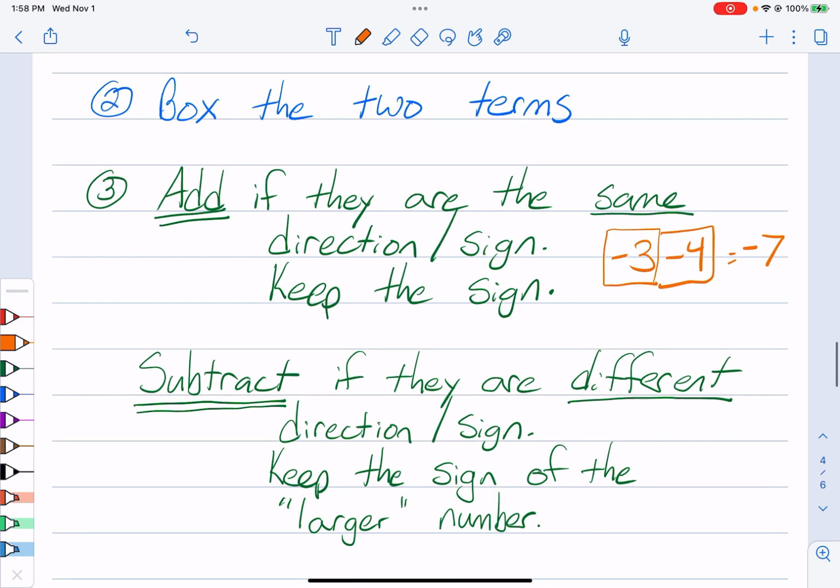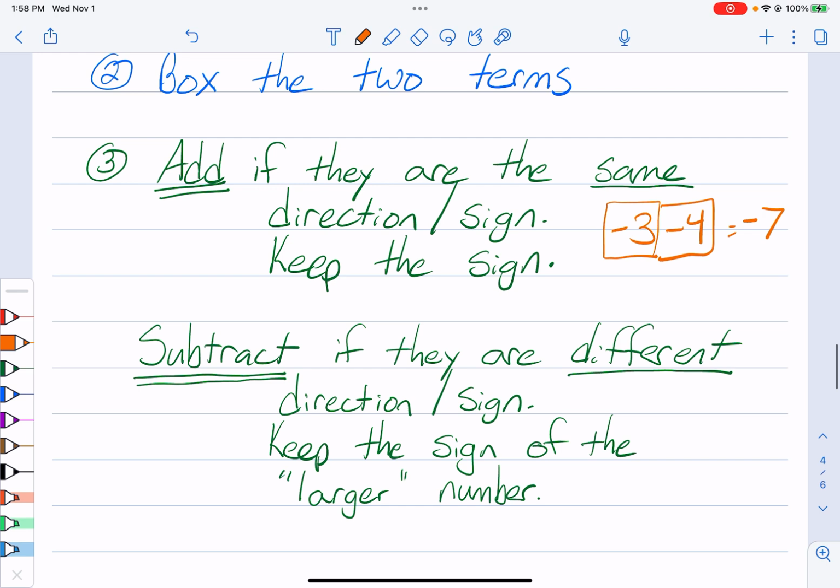You're going to subtract them if the directions or signs are different. So that would be something like 4 minus 10. So we would have a +4 and a -10. Those are different directions. 4 is to the right, but 10's to the left. So what you're going to do is subtract them.